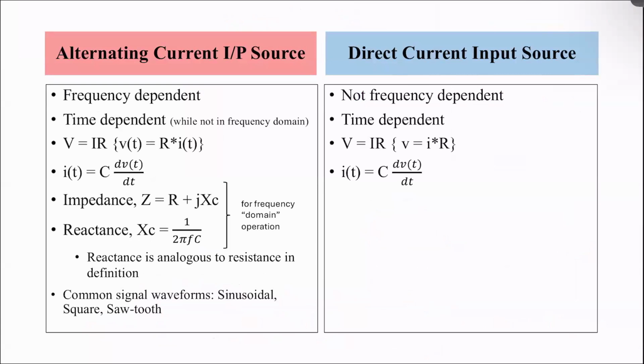Okay, this is just a slide summarizing your alternating current input source and your direct current input source. Just go through this again. And now let's go to problem sets.